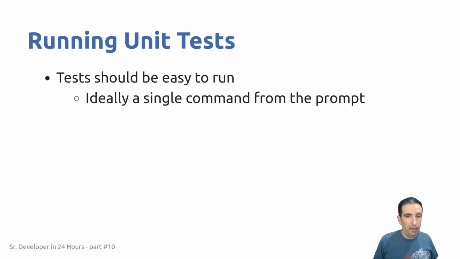So, make it in a way that you can easily run it from your developer workstation, from your developer laptop, as well as making it easier to run from the CI/CD pipeline. And one of the things is that if running your unit test requires a lot of setup, a lot of things, maybe you're overcomplicating your test. Maybe you should think about extracting some of the external services, things like that.